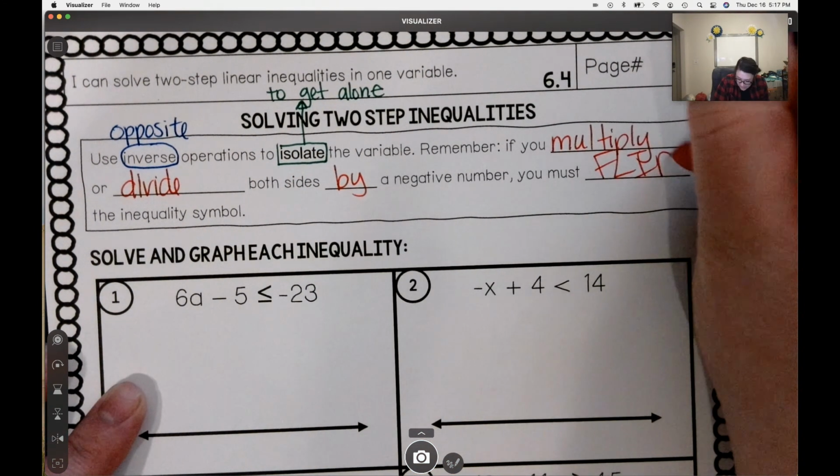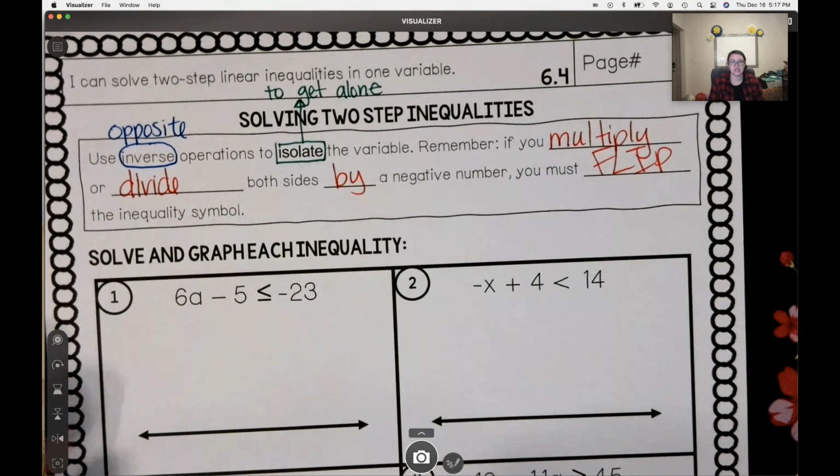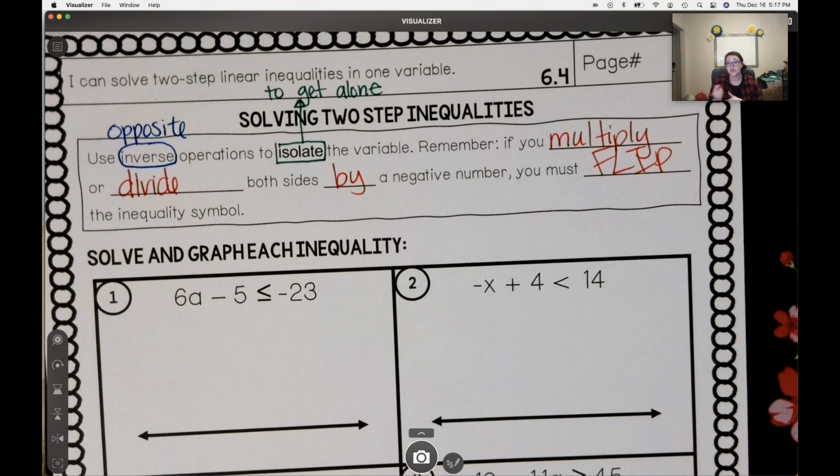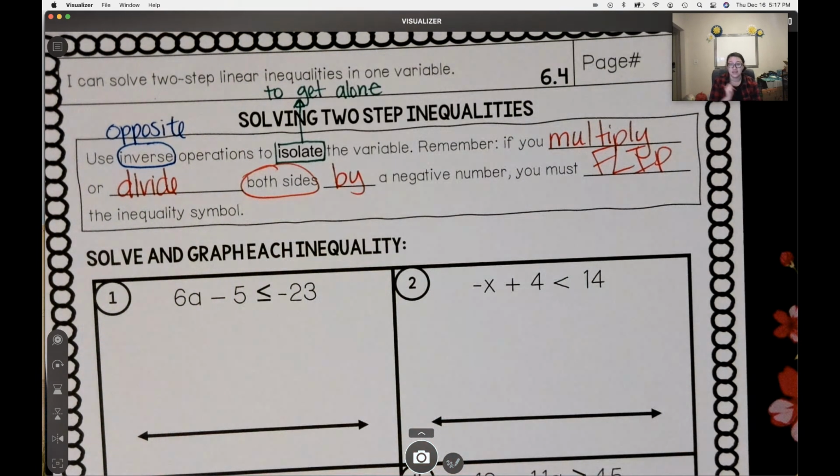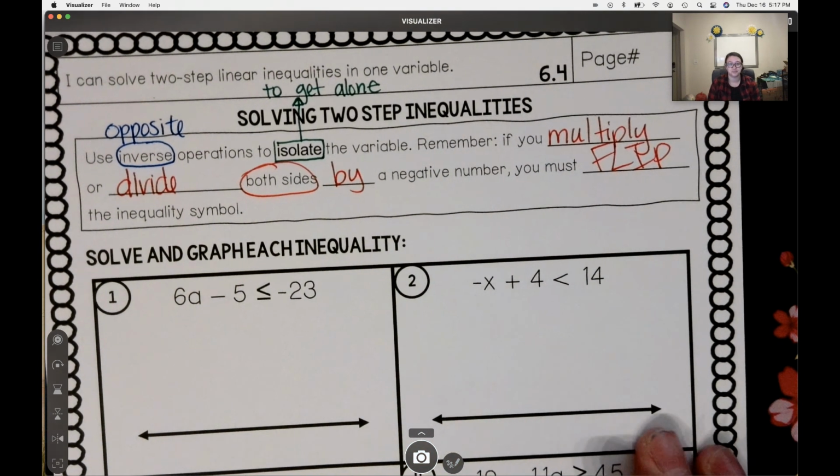I'm going to write that in all capital letters. You must flip the inequality symbol. So if it was less than, it's going to be greater than. If it was greater than, it's going to be less than. If it was less than or equal to, it's going to be greater than or equal to. If it was greater than or equal to, it's going to be less than or equal to. We're just going to change the direction of our sign, but it has to be both sides. That's key. It's got to be both sides.